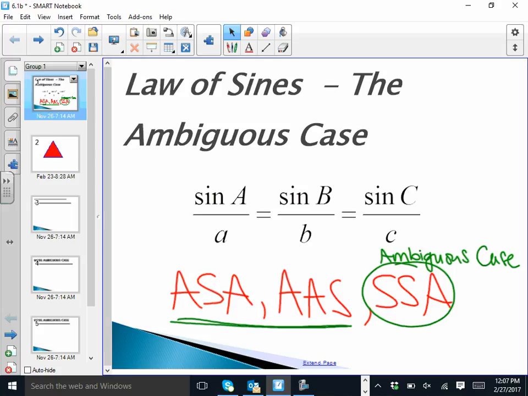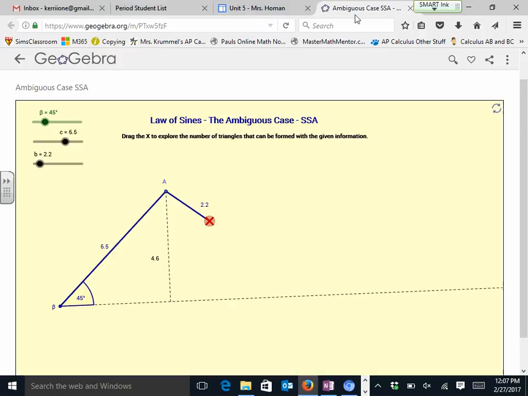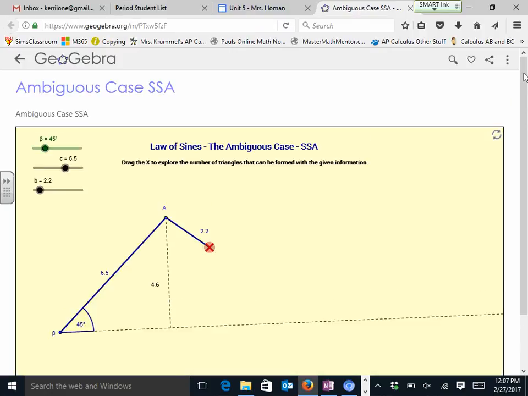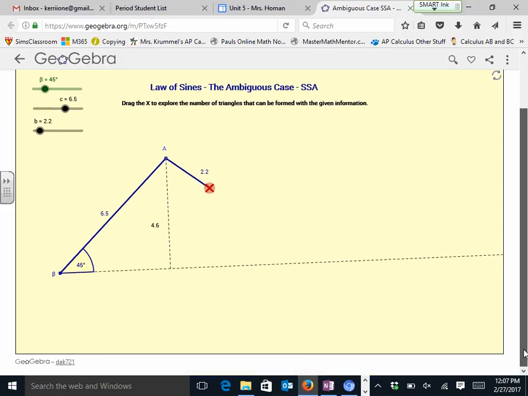Okay? I'm going to show you a visual here. Okay, so just sit back and watch. All right, so what is in blue are the items that are given to us. Okay, so side, side, and this blue angle here.